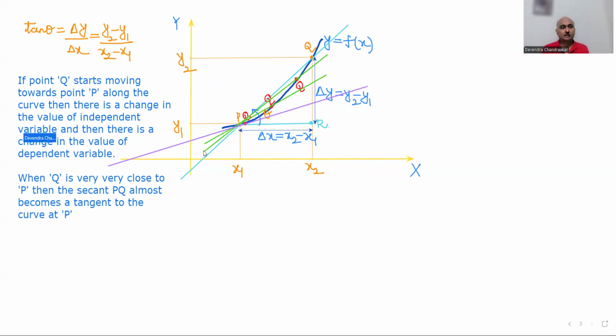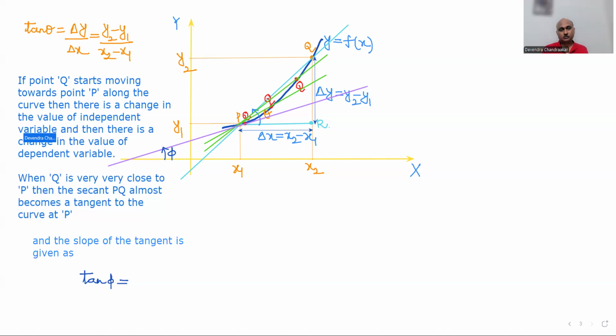है ना? So this is angle phi. And the slope of the tangent is given as tan phi, right?